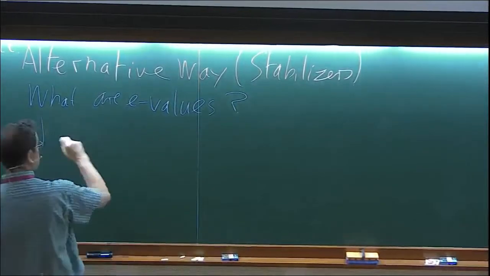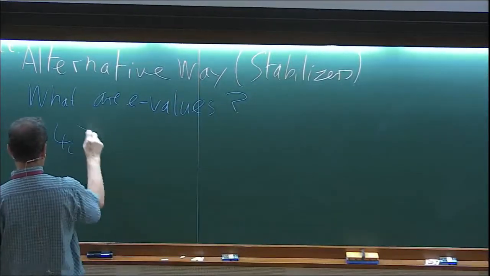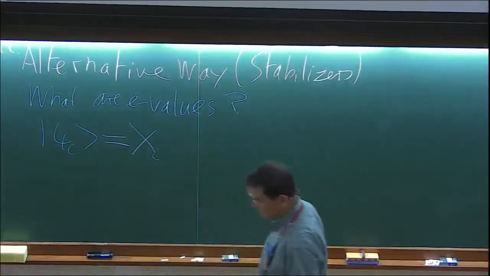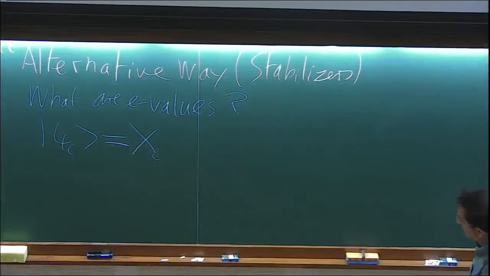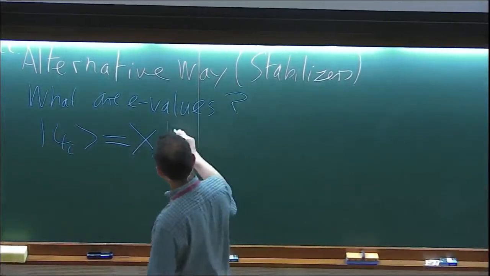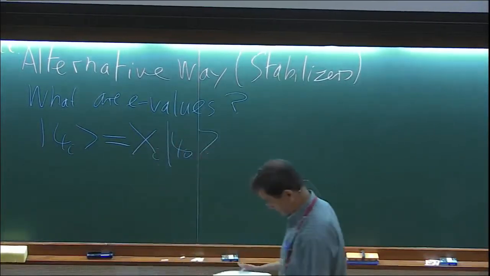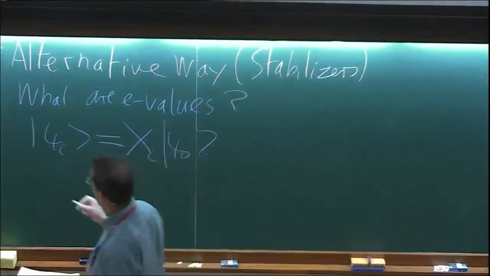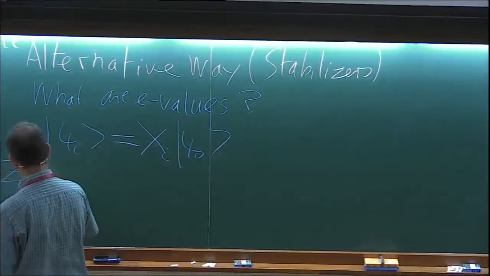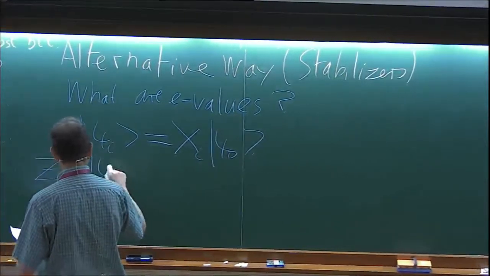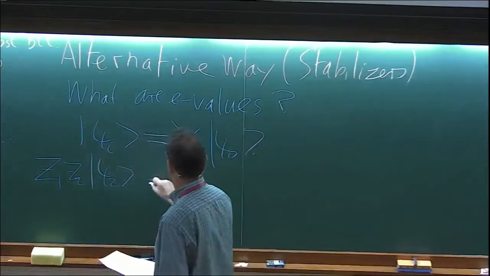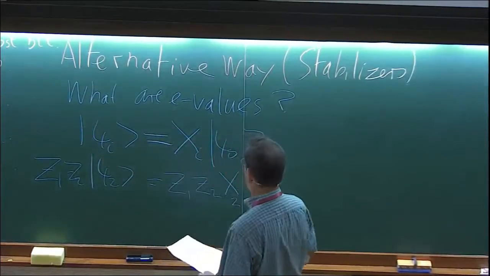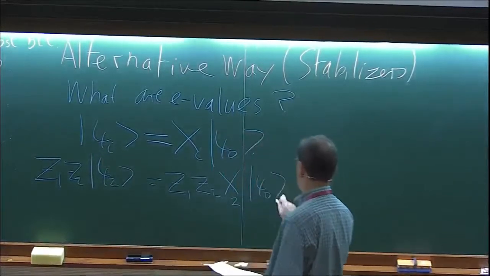Well, we've already said over there that the corrupted states, psi i, where i equals 1, 2, and 3, are obtained by acting with the appropriate X operator, the flip operator, on the unperturbed state. So now we can figure out what the eigenvalue of, say, Z1 Z2 is, acting on psi 2. That's Z1 Z2 times X2 acting on psi naught.